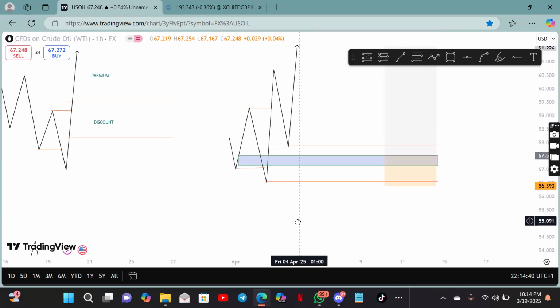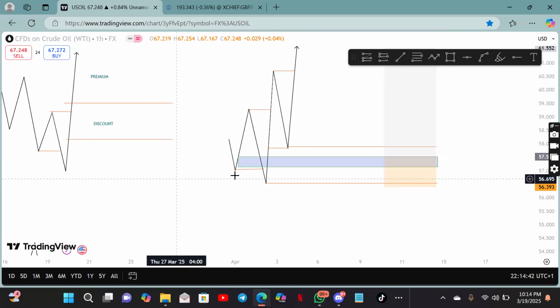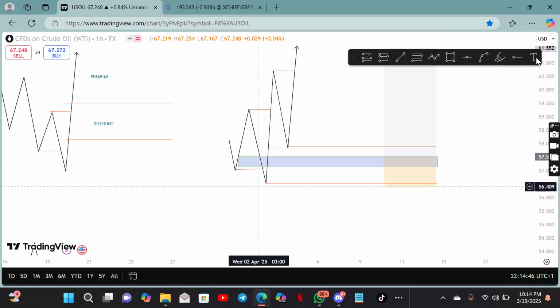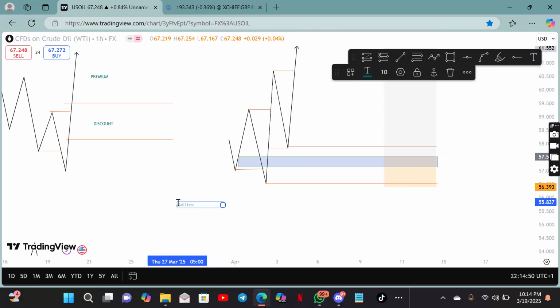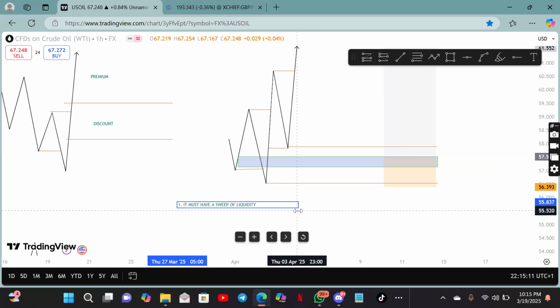The reason we call it an A plus setup is because of three things that make it up. One, it must have a sweep of liquidity. If it does not have a sweep of liquidity, you are the liquidity.